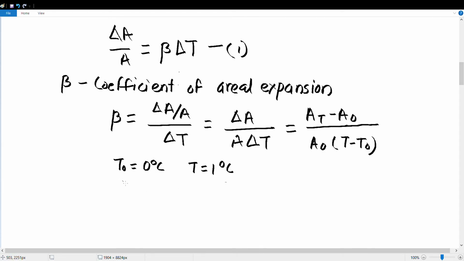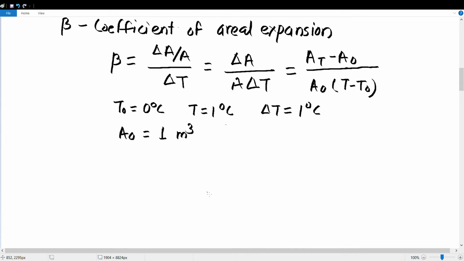So the increase in temperature del T is 1 degree Celsius. Again, let us consider that the area at 0 degree Celsius, A0, is 1 meter squared. It is unity.